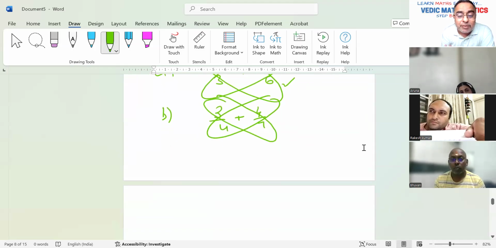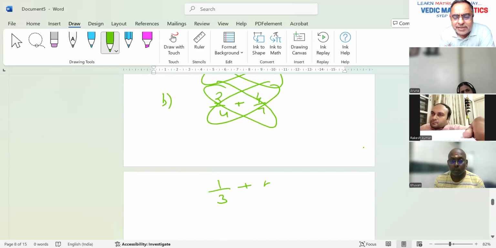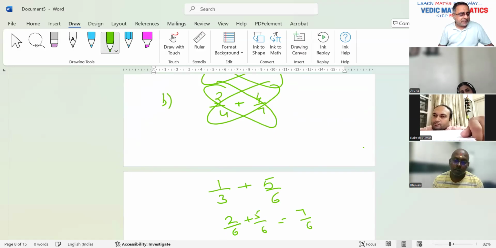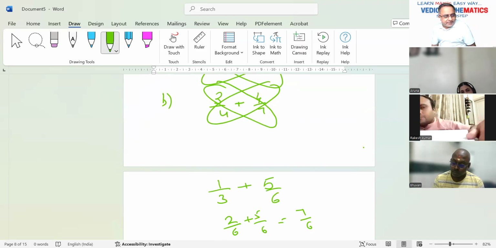Unlike fractions can be converted in some cases. This was 1 by 3, this was 5 by 6. So I can do 2 by 6 plus 5 by 6. So simply 7 by 6. Got it? Yes, sir.